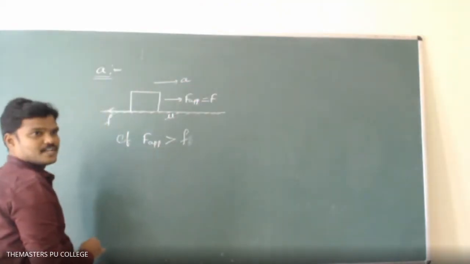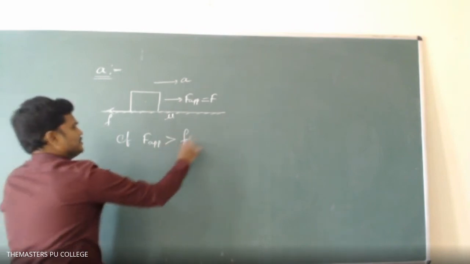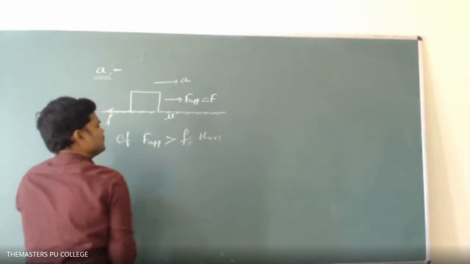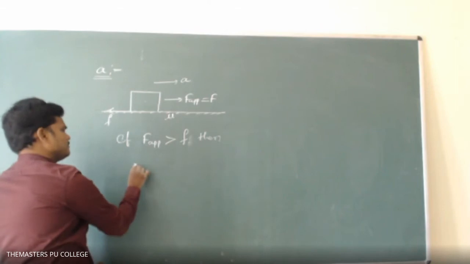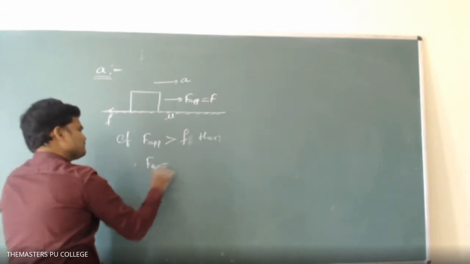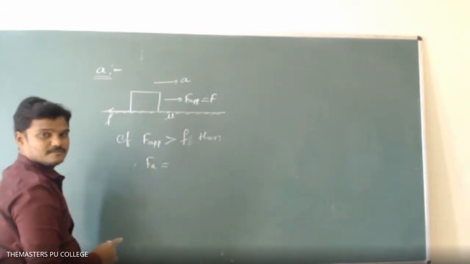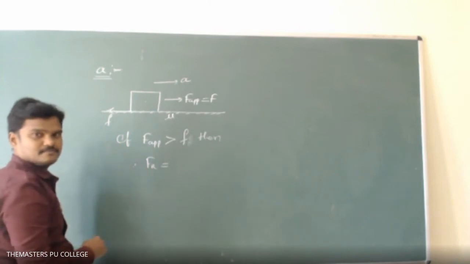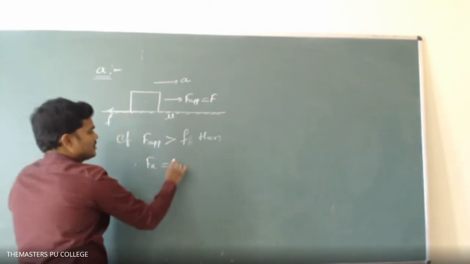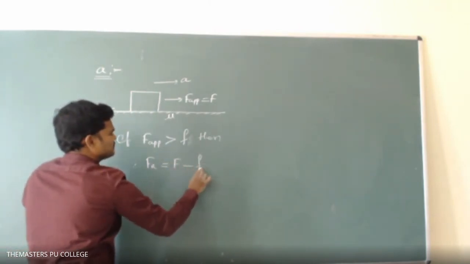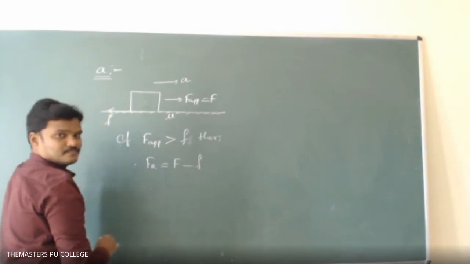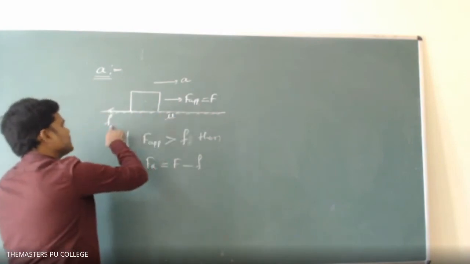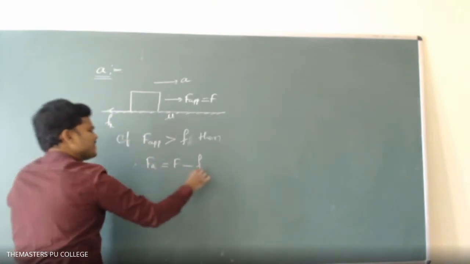It will move with certain acceleration a. Then you know how to draw the free body diagram. Net force is what? Net force is F minus Fk, because F is dominating. If it is moving, you write Fk.